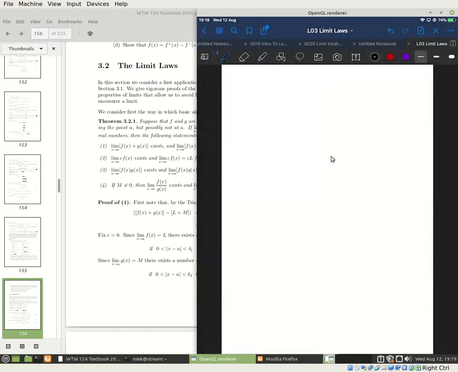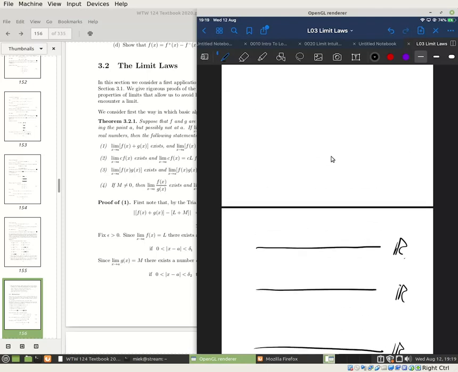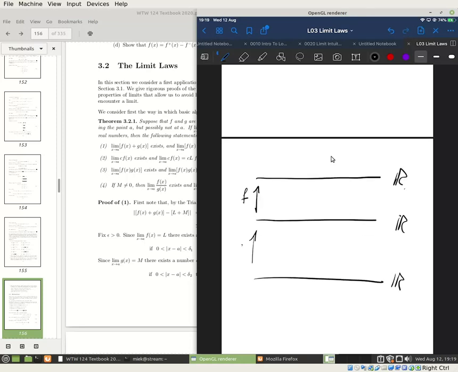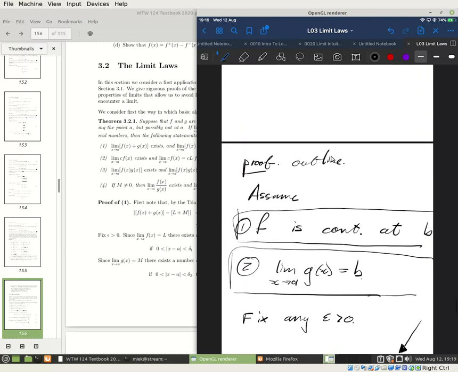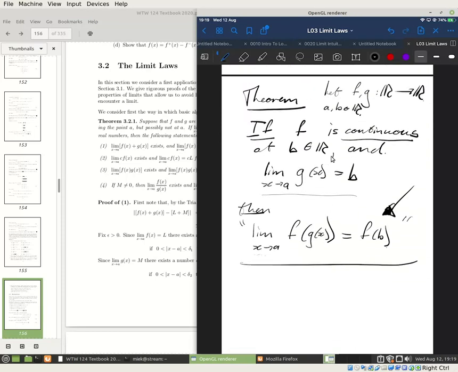This proof happens in 3 layers. So what do we have? I'm going to put 3 copies of the real line here. And here we've got f going from R to R, and here we've got g going from R to R. And we want to show something about the limit as x tends to a of f applied to g.